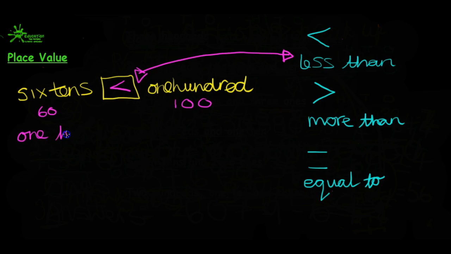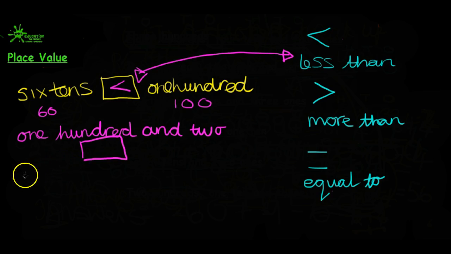100 and 2. We've got our box. You might see it underneath, you might see it between, still the same number sentence. And then we're going to put 200 and 7.